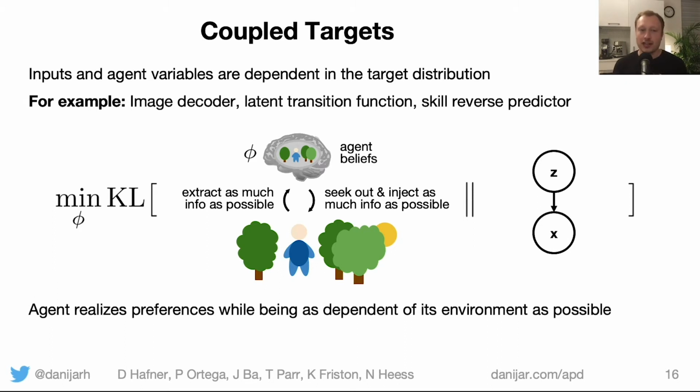This results in an agent that, while realizing its preferences, also tries to learn as much as possible and become dependent with the environment. This agent maximizes information. It is an adaptive agent that adapts to new situations by absorbing information, and can be called a general agent that learns about many different situations.